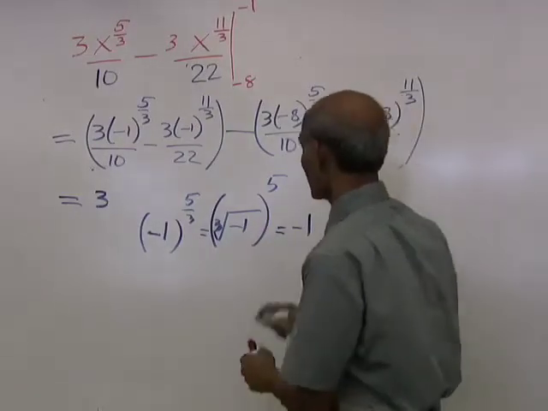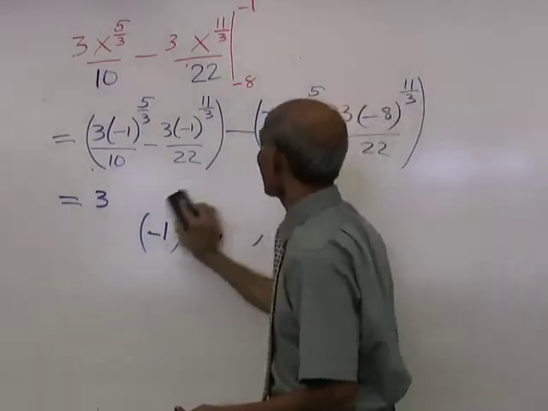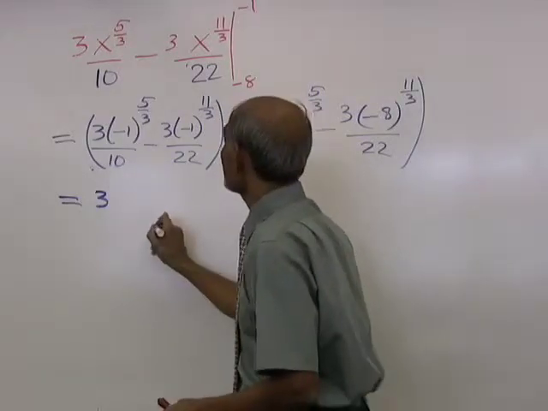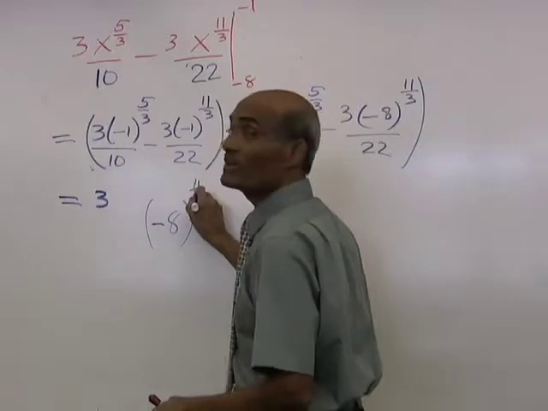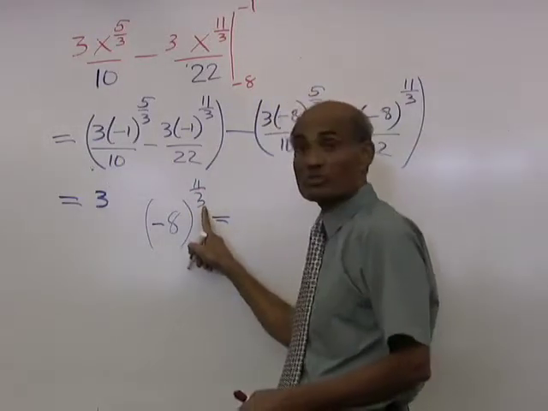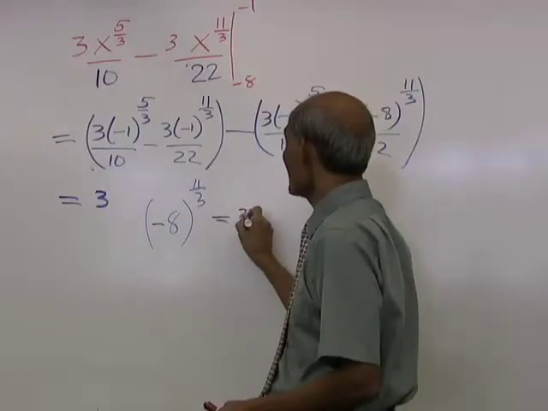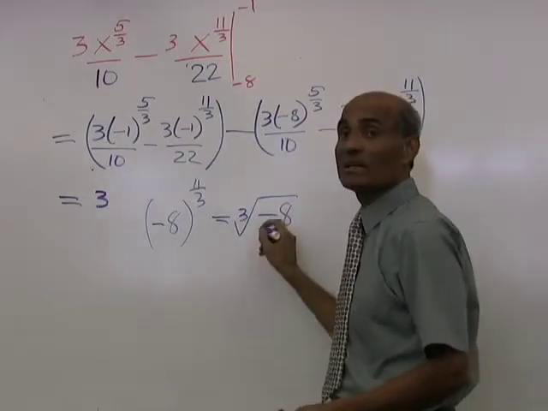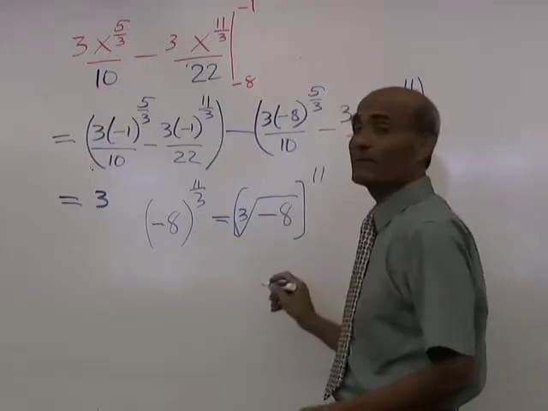Similarly, let's try this. What is -8 raised to the power of 11 over 3? The denominator is 3, that means the cube root of -8, and raise that to the power of 11.